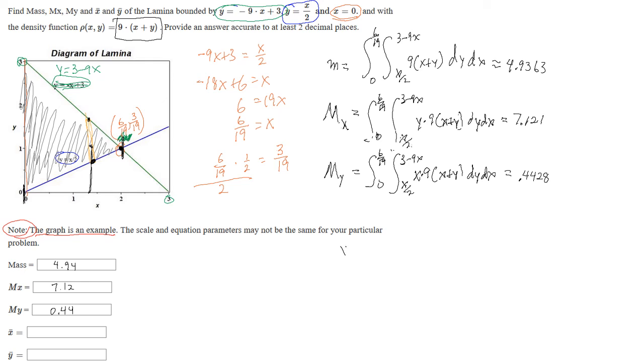Remember, the center of mass in the x direction needs the distance in the x direction, which is the moment about the y-axis.